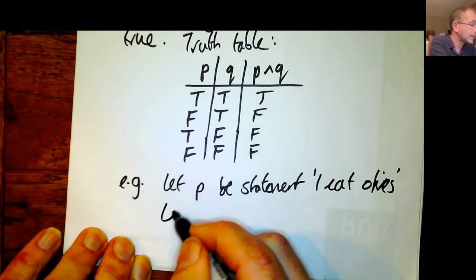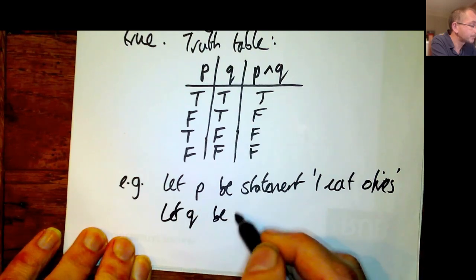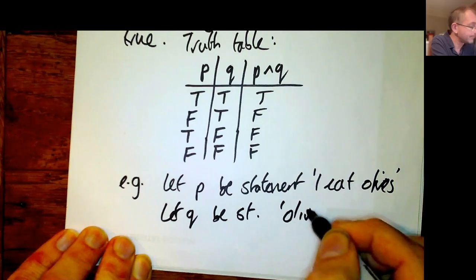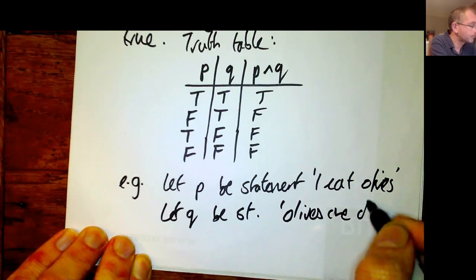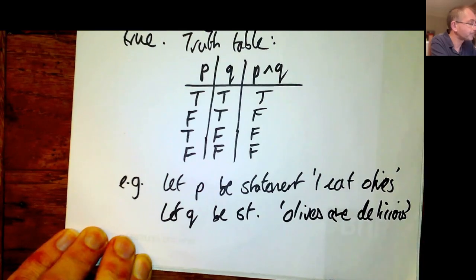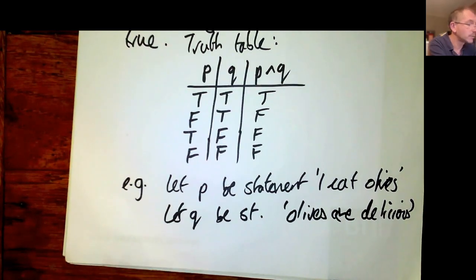And I'll let Q be the statement, olives are delicious. And I've told you that this first statement, P, is true. It is true that I eat olives. I'm also telling you that it's true that olives are delicious.